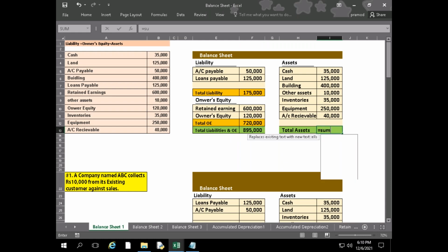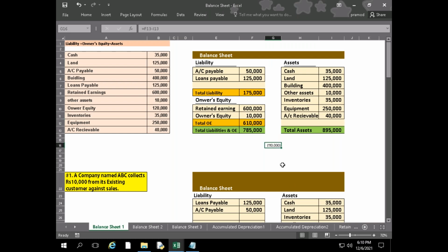Now for the assets, sum of all the assets is 8,50,000. So is total liability minus total asset 0? If anything is not matching, say if I give 1,10,000, it shows minus because it is not matching.